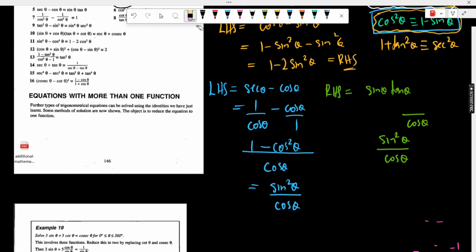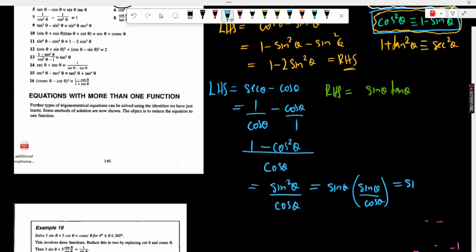The right-hand side is sine theta tan theta. If I examine this carefully, I should probably recognize that I could write this as sine theta times sine theta over cos theta. And of course, by now we should know that sine theta over cos theta is equivalent to tan theta.